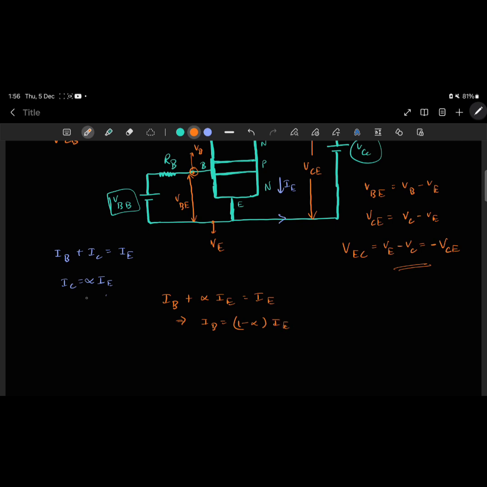and IE can be written as IC divided by alpha. So we can write IB is equal to 1 minus alpha times IC divided by alpha. Now this implies that IC is equal to IB into alpha divided by 1 minus alpha. This quantity, if we term as beta, then beta is basically equal to IC by IB.